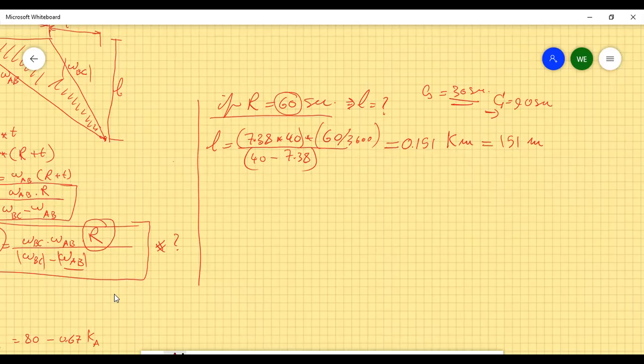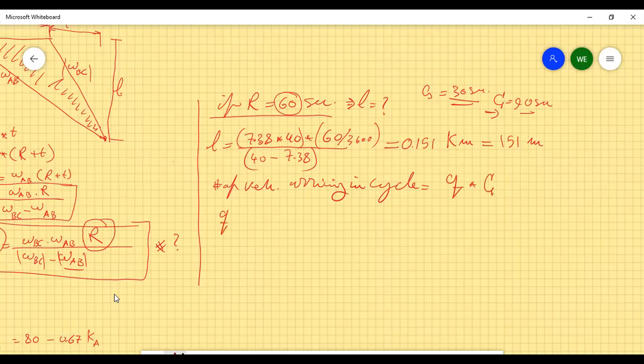Okay? So how many vehicles are arriving? Okay, let's calculate now the average stop delay per vehicle. How many vehicles are arriving? Number of vehicles arriving in a cycle equals Q multiply cycle length.